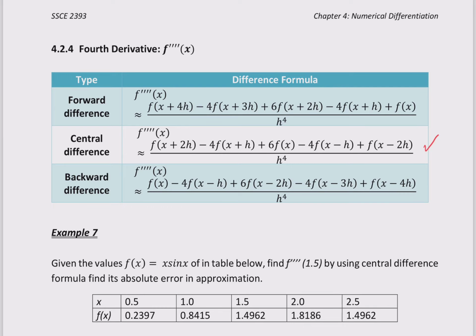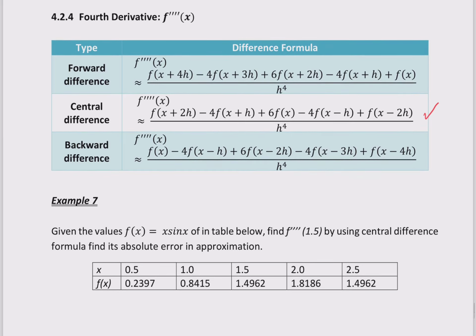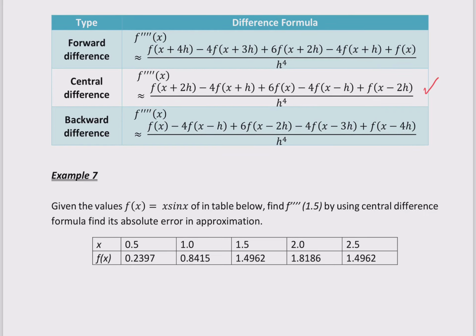So for this one, I think it is the same. You have the function x sine x, and then you need to find the value of the fourth derivative when x equals 1.5 here.